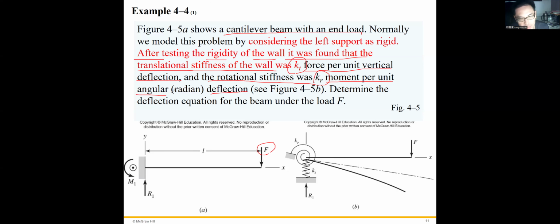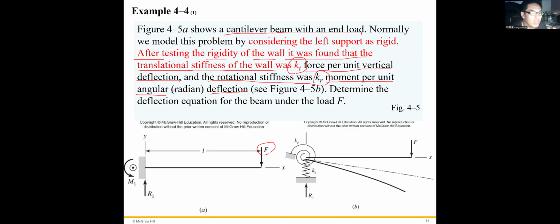So what does this mean? This means the left support is not rigid. You can think of a solid rod or a cantilever embedded into a wall, right?